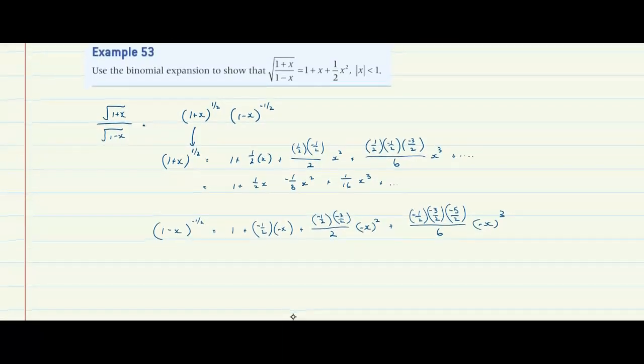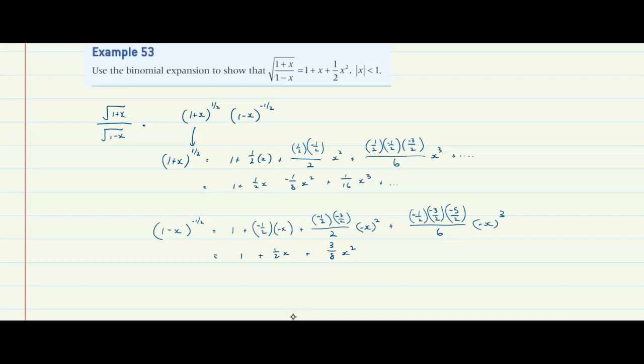So we can see that we still get plus a half x here, and I sense that's going to be a plus as well. This all works out to be 3 over 8 x squared. Now I think I'm going to get negative x cubed here, but I'm going to get a negative here. So I think everything's going to come out positive with this expansion.